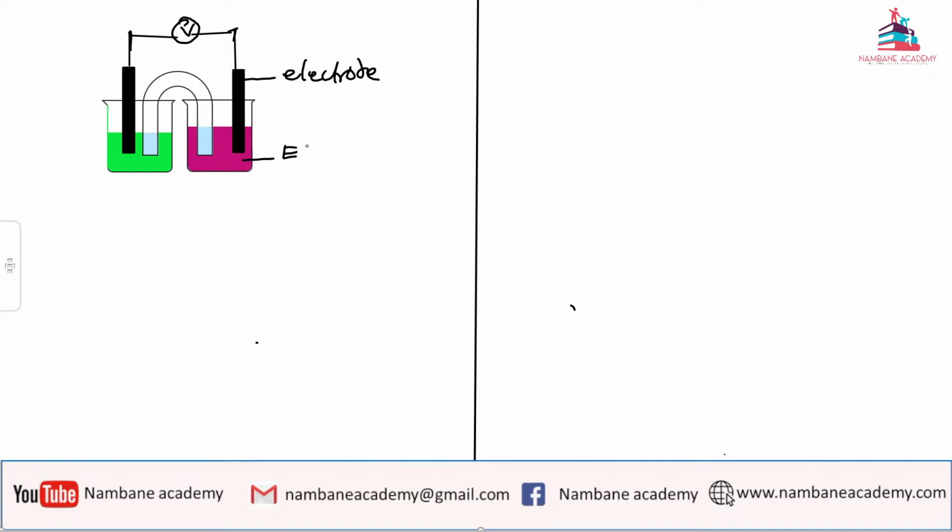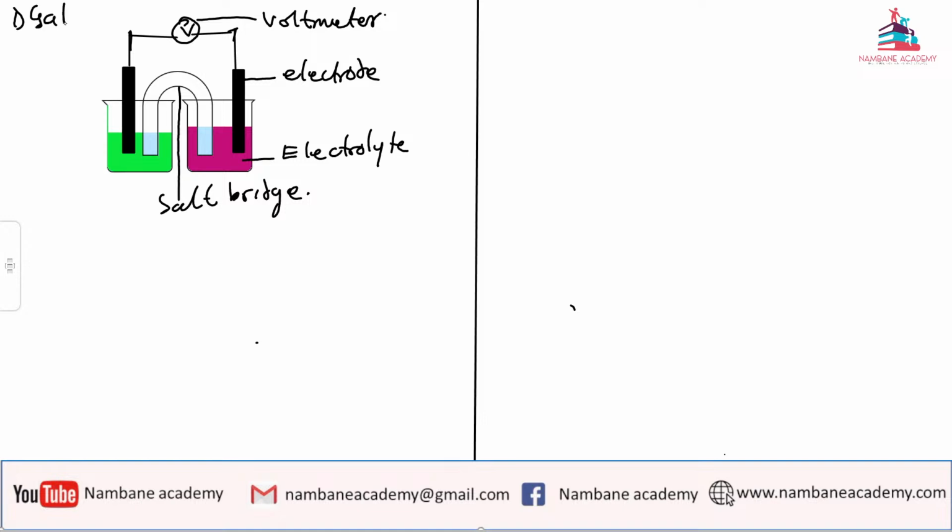This here we call an electrolyte, and that there will be our voltmeter, and this nice bridge here, we call the salt bridge. And this, we say, is actually called a galvanic cell.